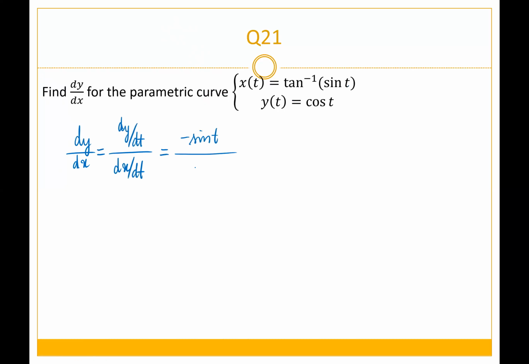This one is cosine t divided by 1 plus sine squared t, because that's the derivative of the inverse tangent of sine. Therefore, we have negative tangent t, 1 plus sine squared t, which is, oh, not divided, multiplied actually. Negative tangent.